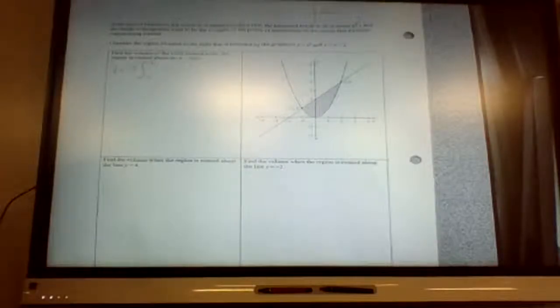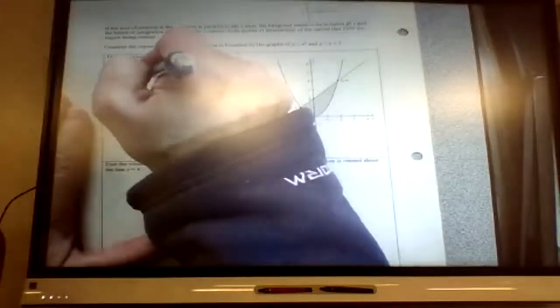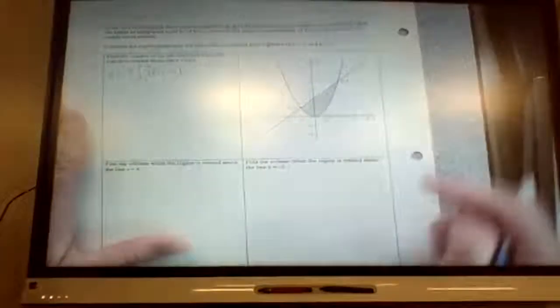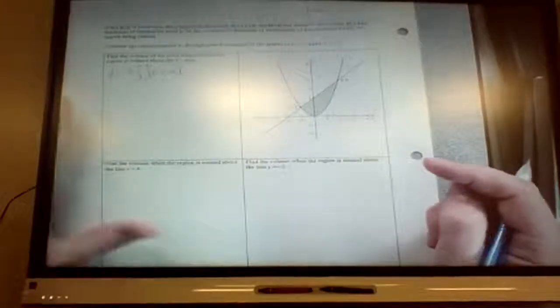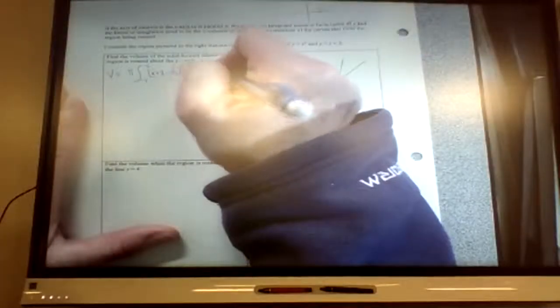Those are your x values of your points of intersection. x plus 2 minus 0, that's f of x, my top function, squared, minus x squared minus 0 squared, dx.